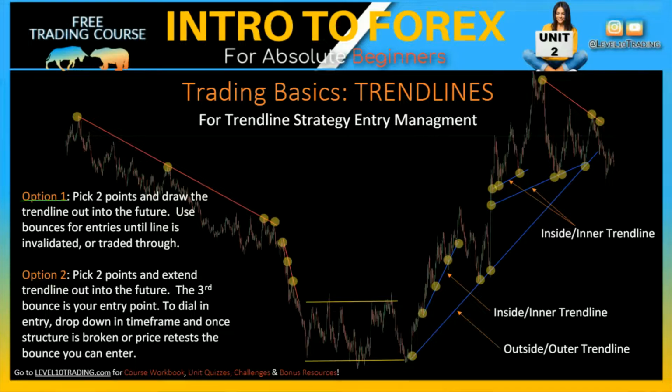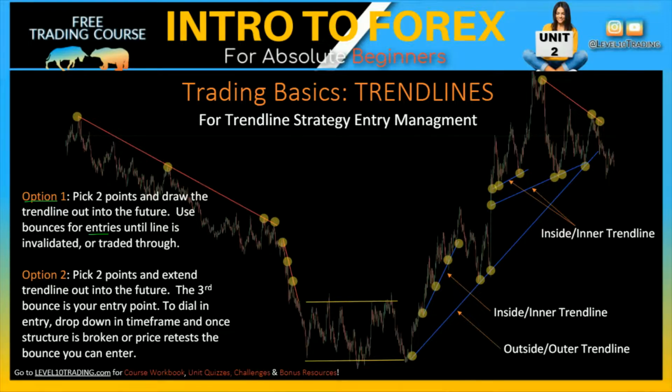But this particular trader truly trades and doesn't just market. He would pick any two points in the market, and then any bounce off that trend line he used for an entry until, like I mentioned a while ago, the trend line was invalidated or traded through, which wasn't just a fake out.